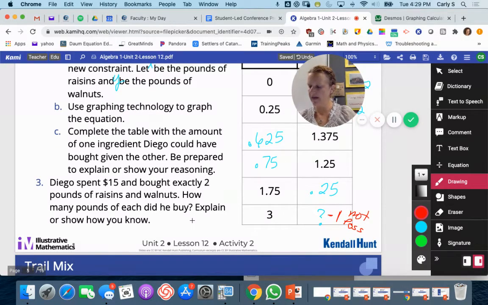So Diego spent $15 and bought exactly 2 pounds of raisins and walnuts. How many pounds of each did he buy? Explain or show how you know. Well, graphically, we saw it.